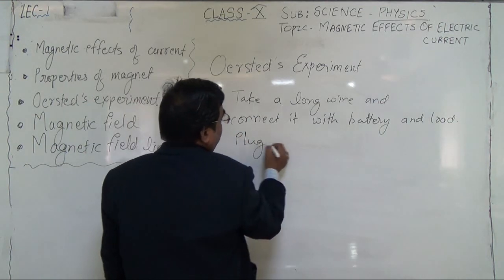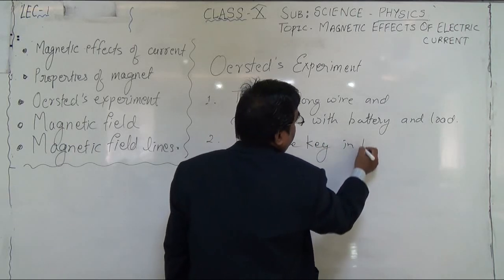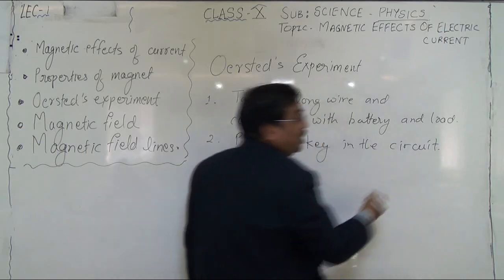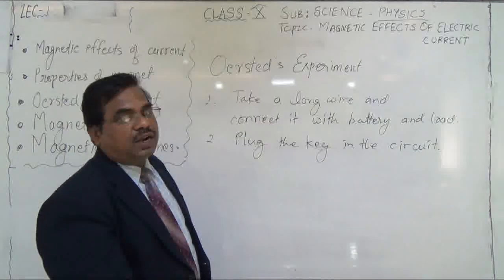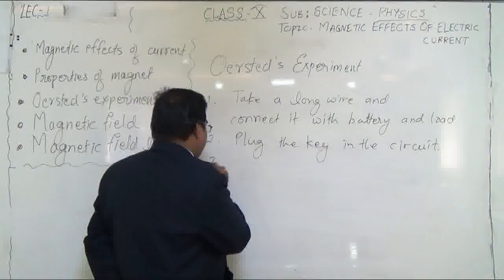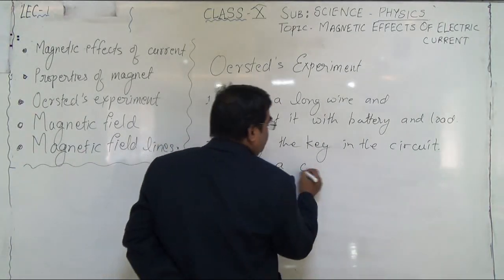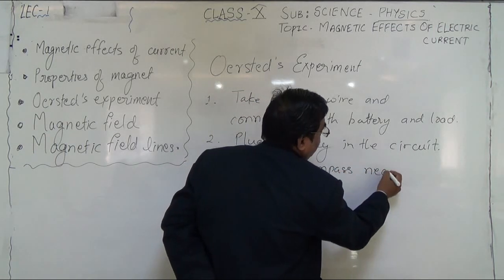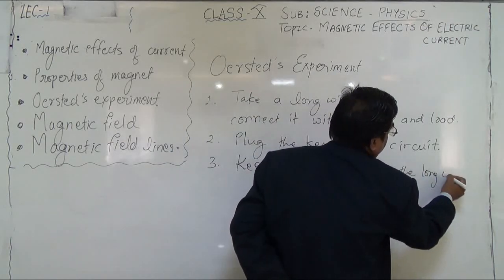Plug the key in the circuit. When you plug in the key, the current starts to flow. Then keep a compass near the long wire.